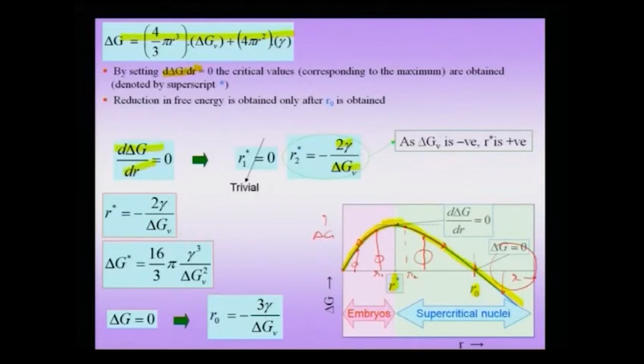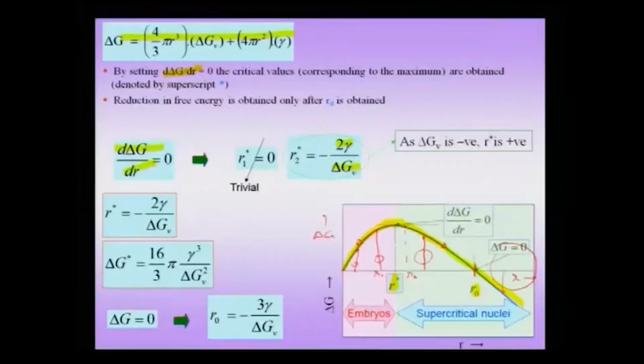I am just saying, by chance, suppose I take a crystal of size r 2 and put it into the melt, or equivalently, by some chance an r 2 forms in the melt, and I am not explaining how it is forming, I just assume it forms, then such an r 2 can actually grow downhill and give up free energy, while if I form an r 1, it will actually shrink and vanish.